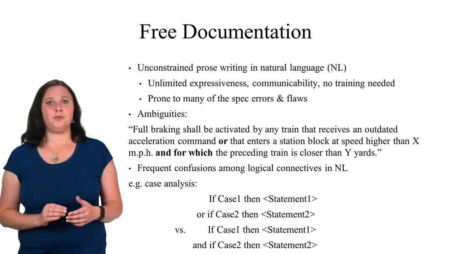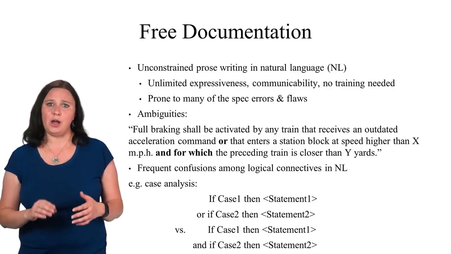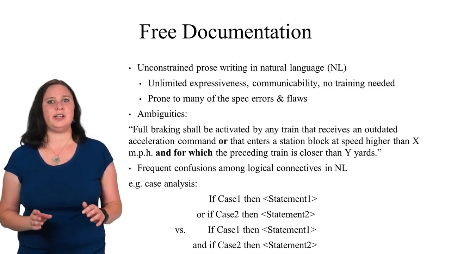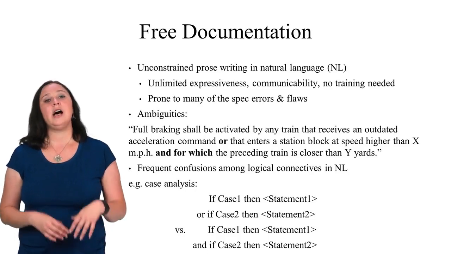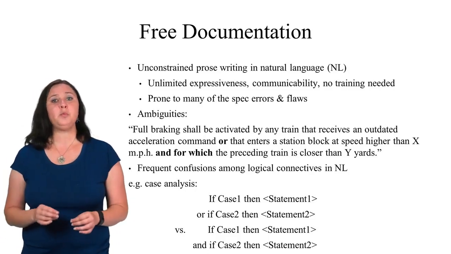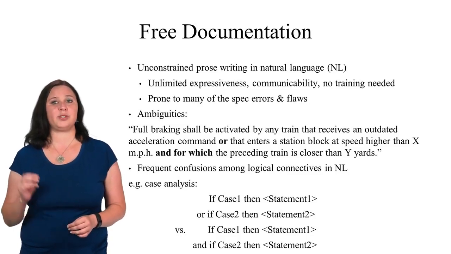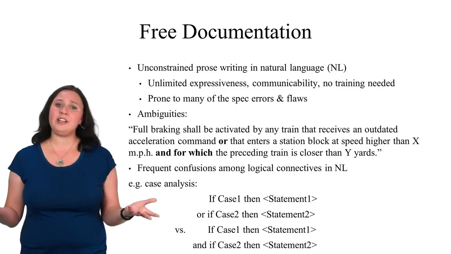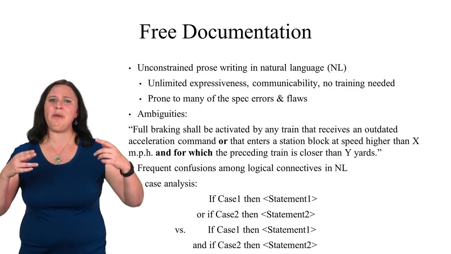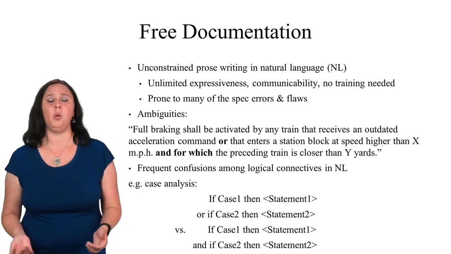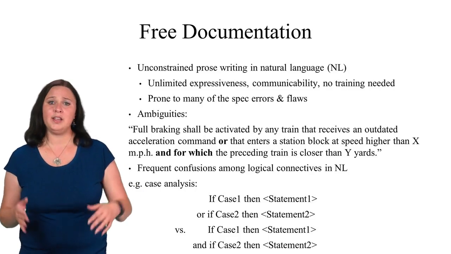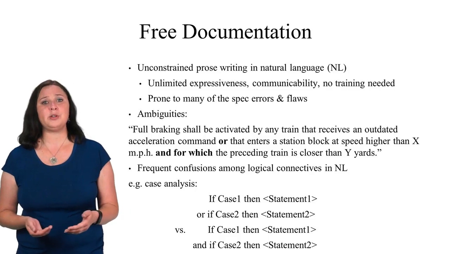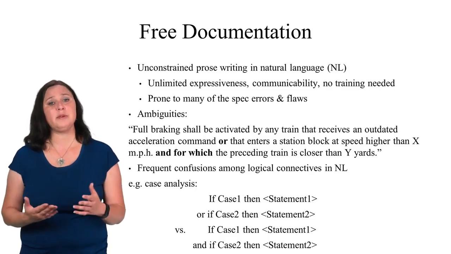First, you could say that full braking must be activated when an outdated command is received or when the preceding train is too close. A second way of reading this is that full braking is only required in the case where the preceding train is too close. Whatever the right interpretation is, taking the wrong one would be bad. If the cases don't overlap and cover all possible cases, it's going to reduce the universal truth. So we need to be careful.